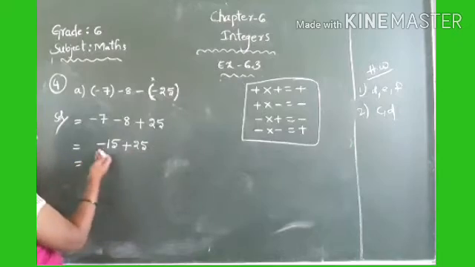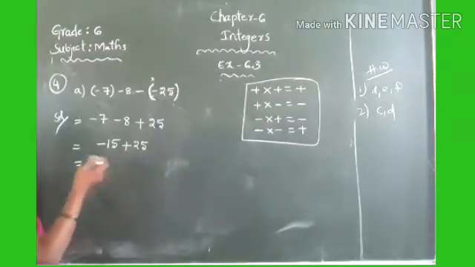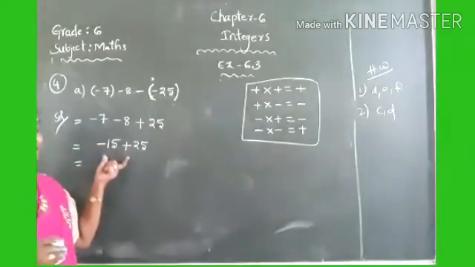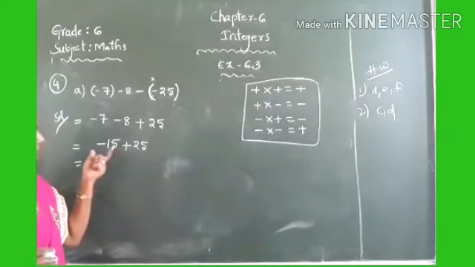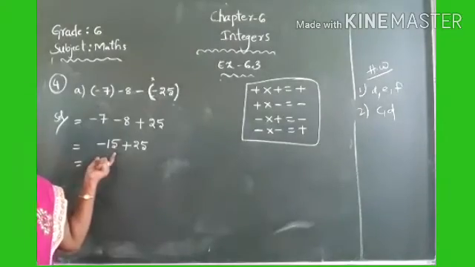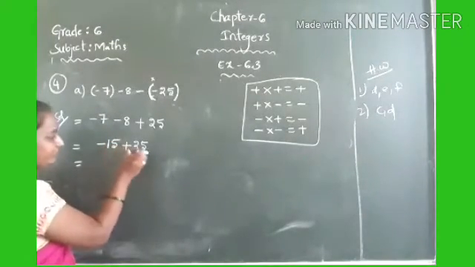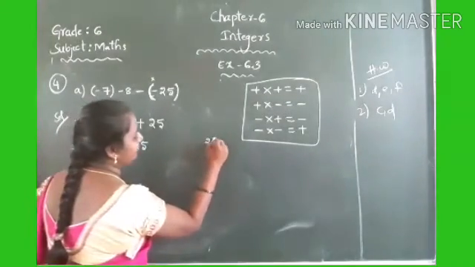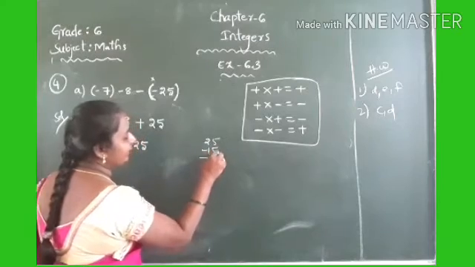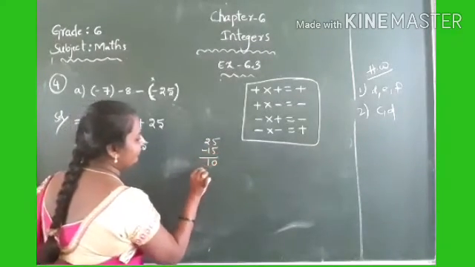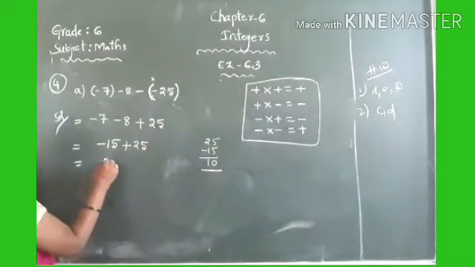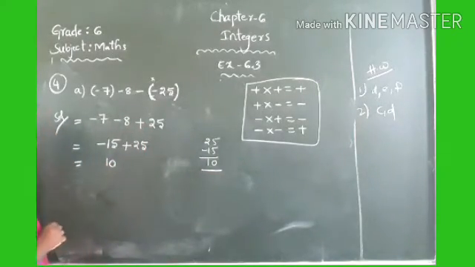So now minus and plus, different signs are there, that means you have to subtract. Subtract 25 minus 15. You will get 5 minus 5, 0, 2 minus 1, 1. So 10 is the answer.